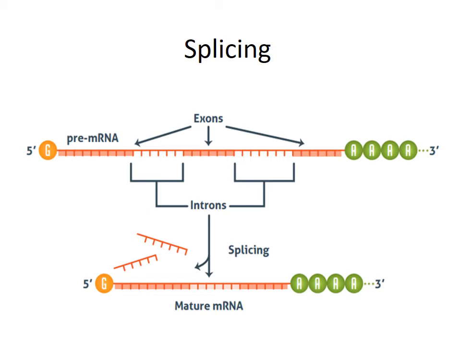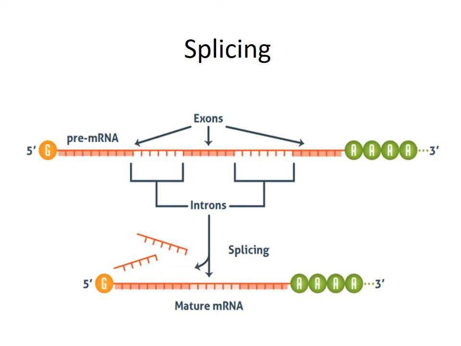So during splicing in eukaryotes, these non-coding sequences, or introns, are removed. This removal of introns leads to the actual functional form of mRNA, which is known as mature RNA.